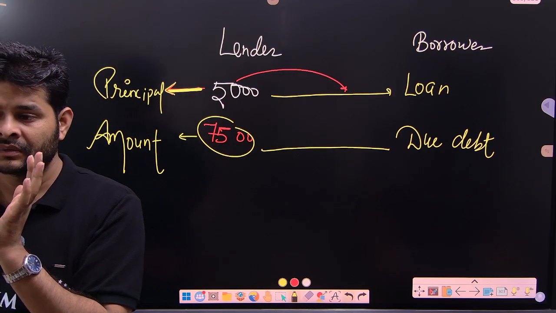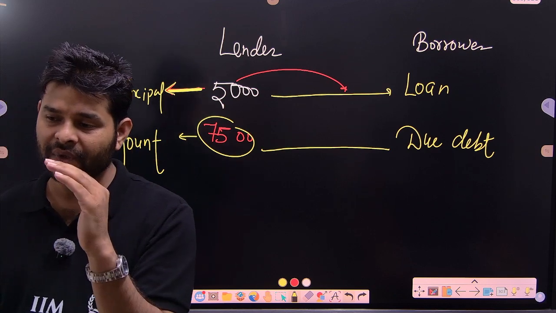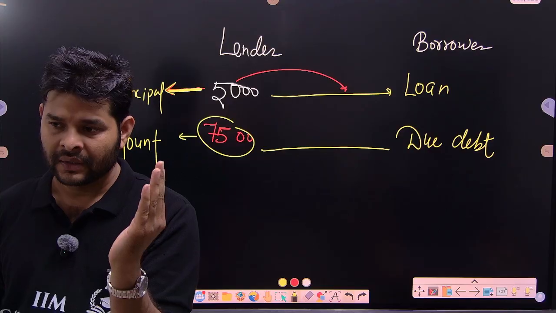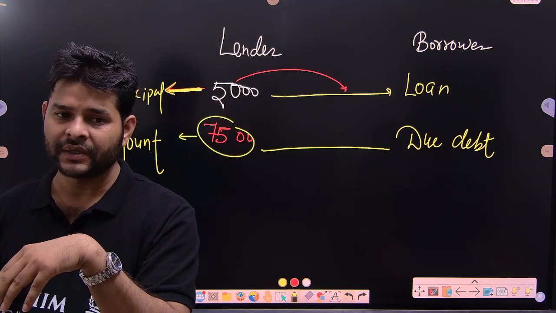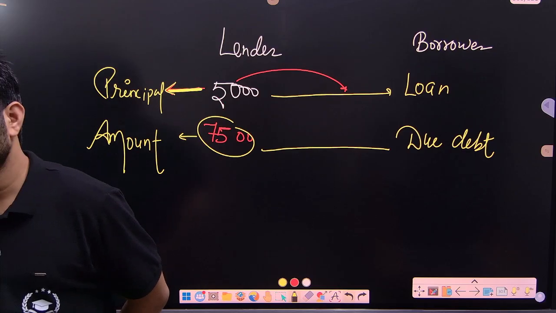But from the side of the borrower, the same amount is called due debt. So due debt is what?